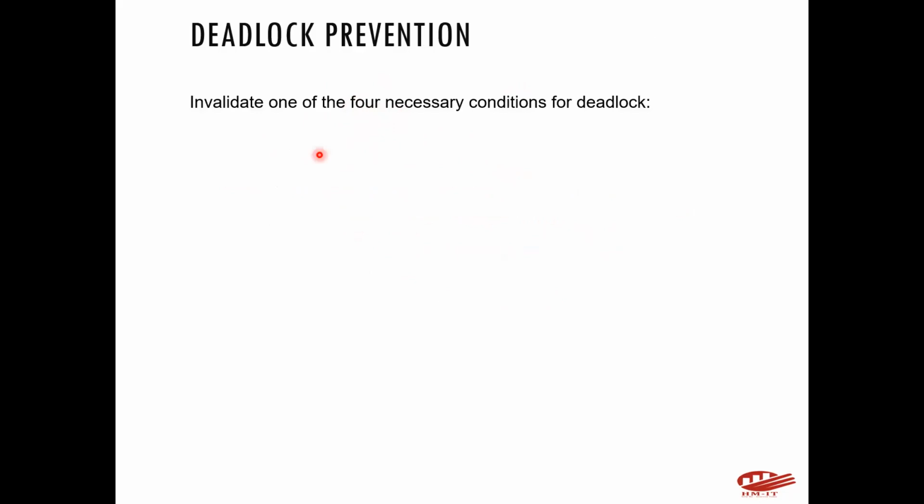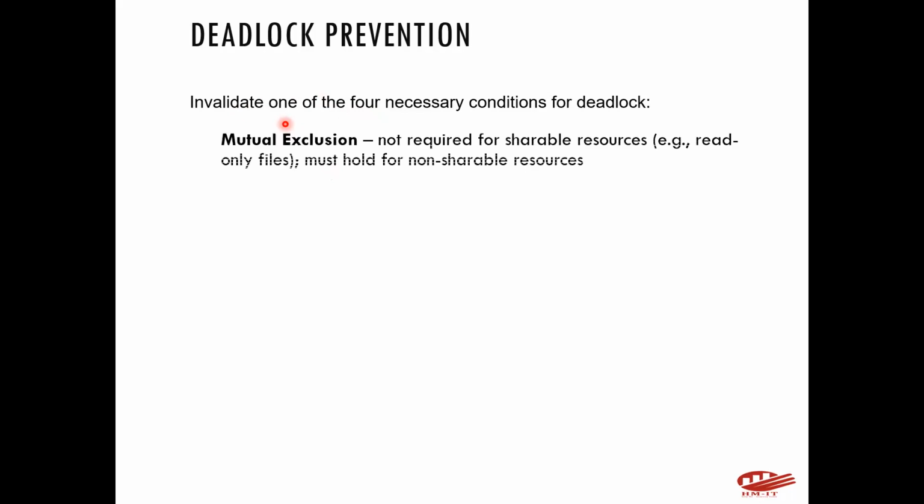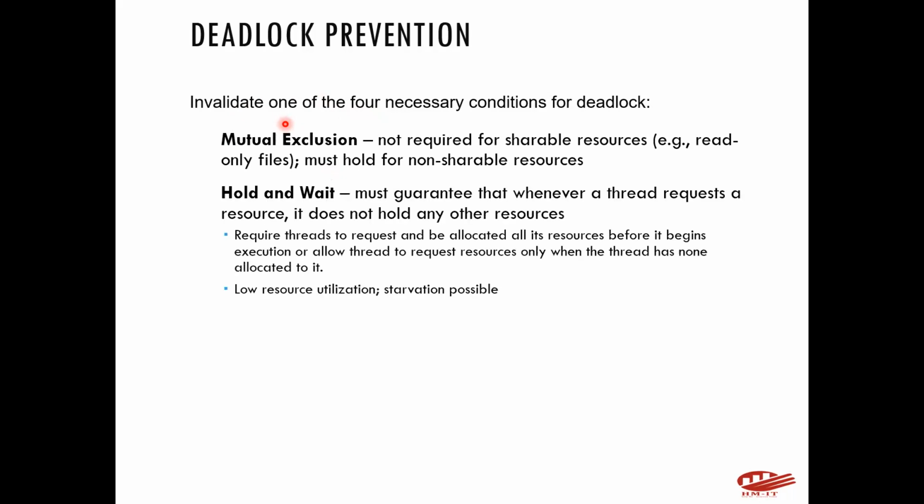Now, deadlock prevention. In deadlock prevention, what you need to do is avoid mutual exclusion and hold and wait, right? These are the deadlock prevention. Not required for shareable resources; must guarantee that whenever a thread requests a resource, it does not hold any other resource. These are the methods of preventing. As we look at these methods, you think and apply based on your cases.